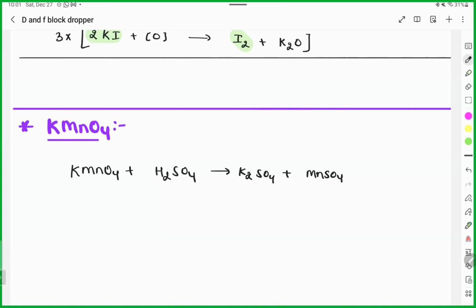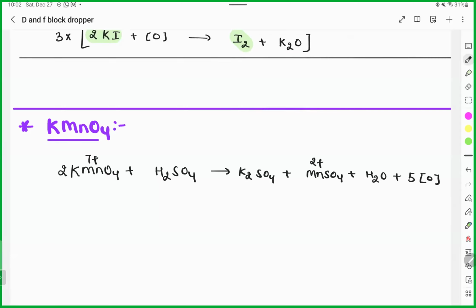There you had chromium sulfate because of the balancing. Here manganese is present in the 2 positive state from +7. And along with that, balancing H2O. But this time there are 5 nascent oxygen instead of 3 as in K2Cr2O7. Again, this is not balanced. Right hand side 2K, left hand side 1.